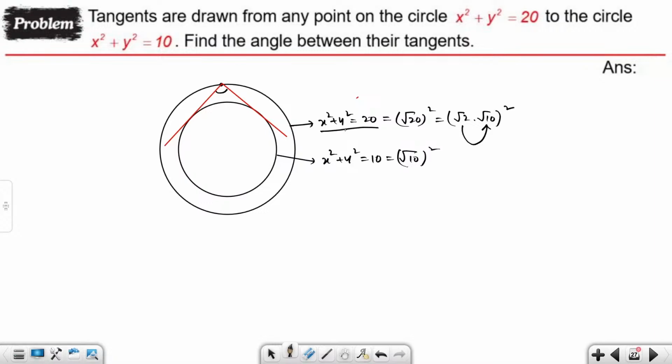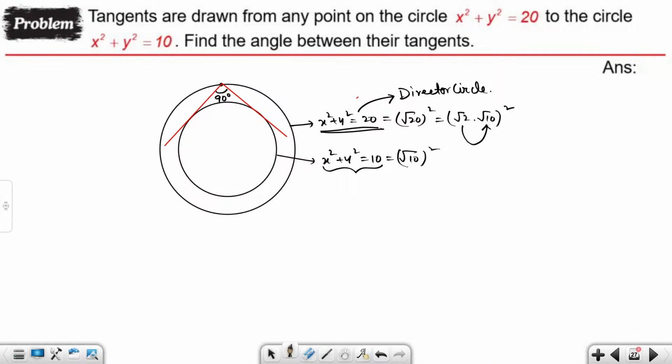So this is basically the equation of the director circle, and this is the given circle. Now, as this is a director circle, I'm sure that the angle between these two tangents will be nothing but 90 degree. See, I have done nothing. Only by inspection, you can say the angle between these two tangents.